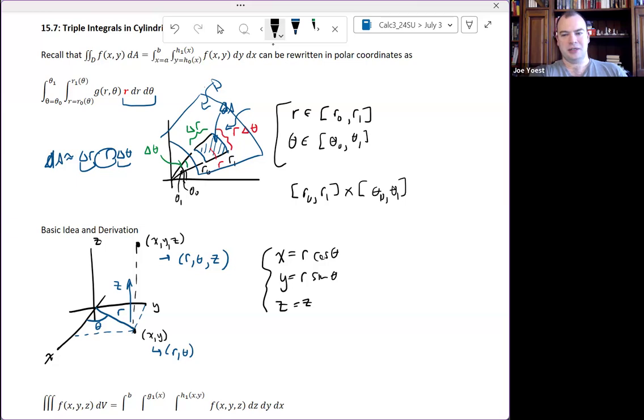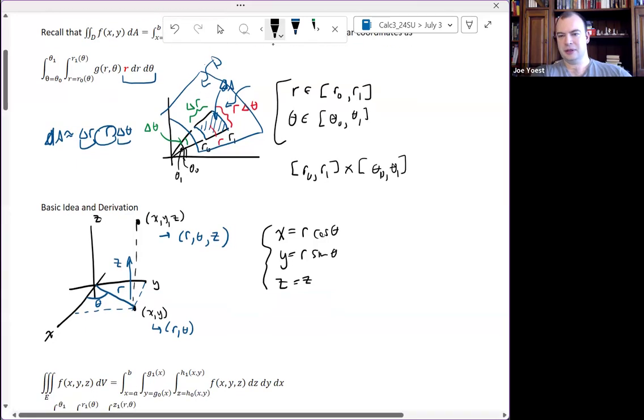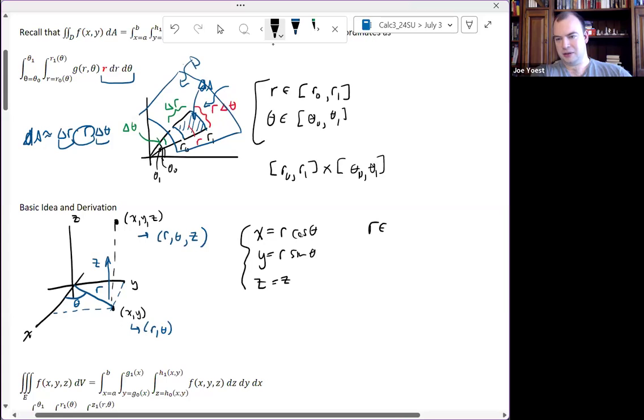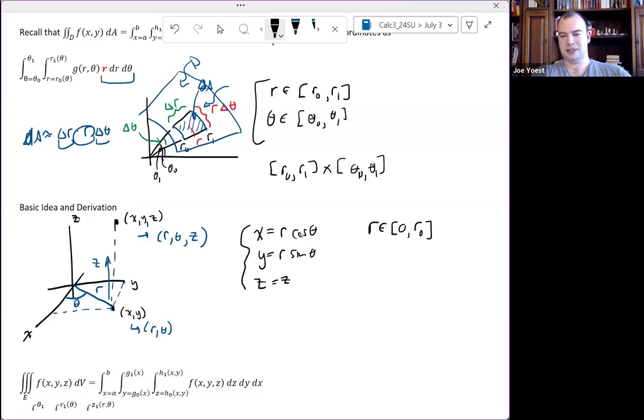And what does a kind of rectangular region here look like? Well, a rectangular region would look something like r goes from, say, 0 to r naught, theta goes from, say, 0 to 2 pi, and z goes from, let's say, a to b. Maybe something like this.